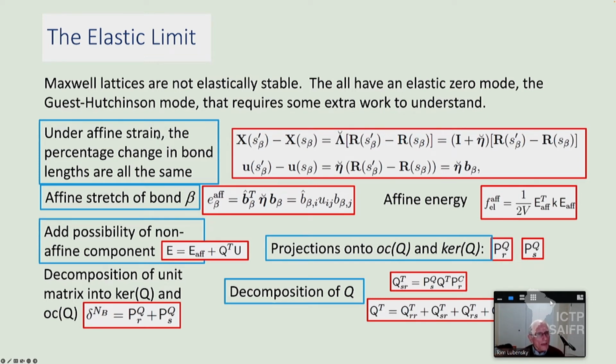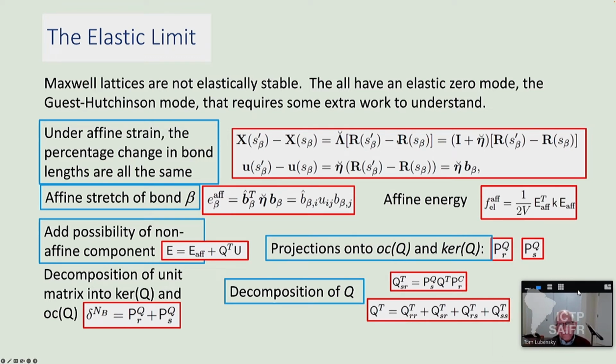So I want to look at, first, what an affine strain is. The affine strain is where the percentage change in bond lengths are all the same. So I have X of s prime minus X of s, the difference between the positions of site s and s prime, and that's equal to lambda times the bare difference.